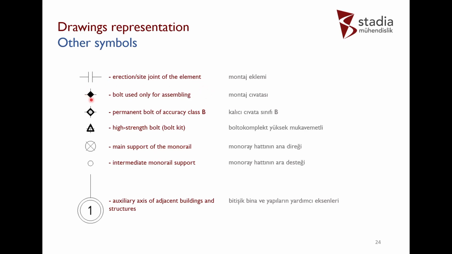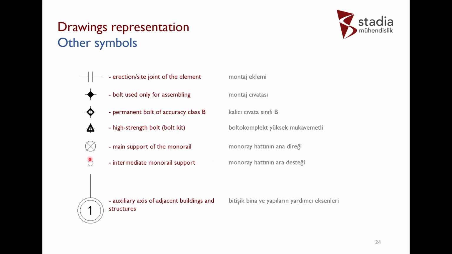It means that this is not a bearing bolt, it's just for installation. This is the most useful bolt, a permanent bolt with accuracy class B. This is a high strength bolt, usually with pretension. If you use pretension or don't use pretension, we should mark it in the general notes.